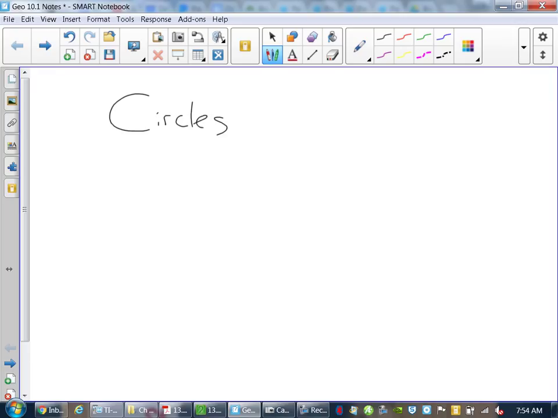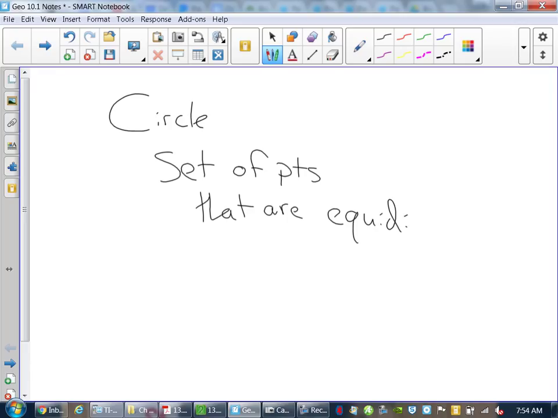A circle is a set of points that are equidistant to a center. Actually, they call that the same point, but we'll just call that the center.